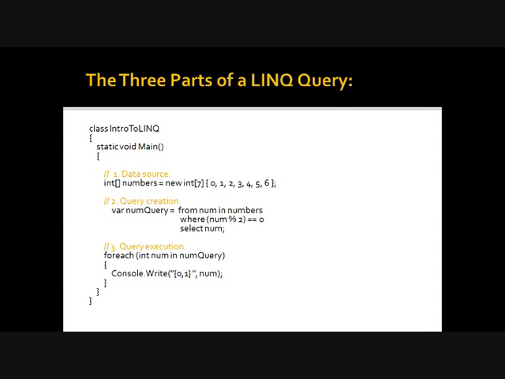Here you can see the source code of the 3 actions as I described in the earlier slide. The data source of this example is an integer array of elements. This is the query creation part of an array.